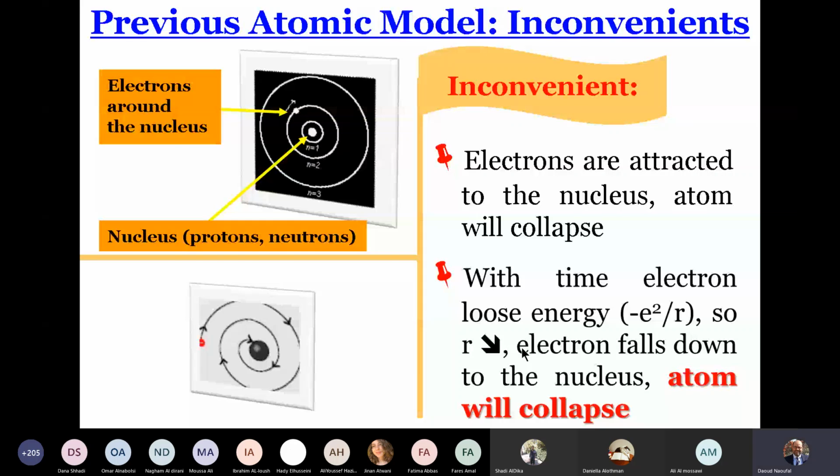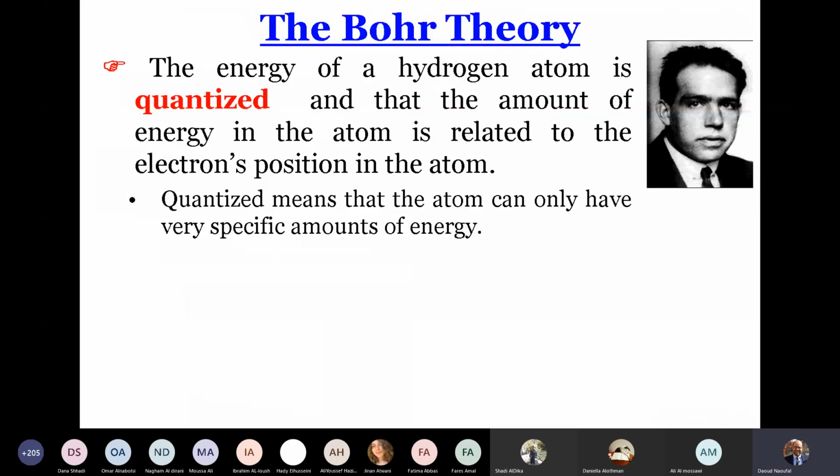According to Bohr, the energy of the hydrogen atom is quantized. That means the energy of the electron could not take any value. And this is also defined by Planck. Quantized means that the atom can only have very specific amounts of energy or allowed values of energy.